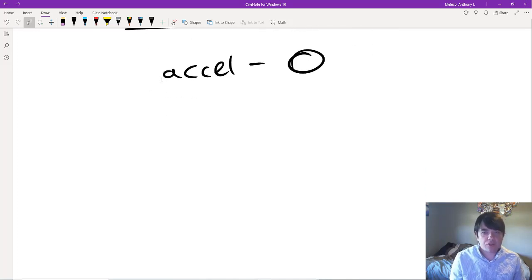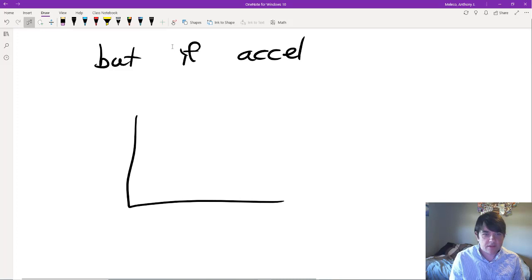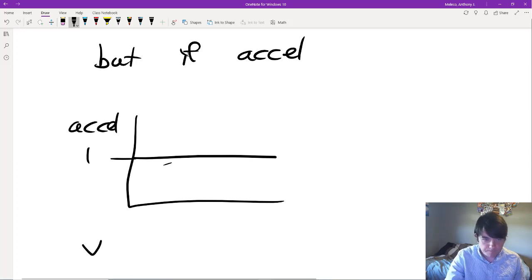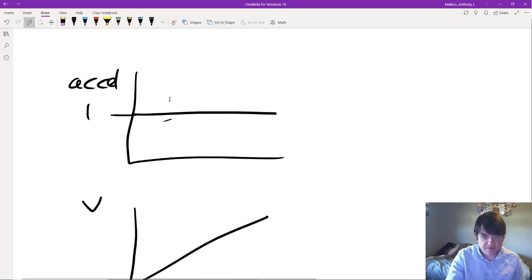But if accel had a value, so let's say accel looked like, I don't know, even just 1, and it looked like this, so this is our accel, then velocity would have a slope that looked like this, because that's the slope of this line.